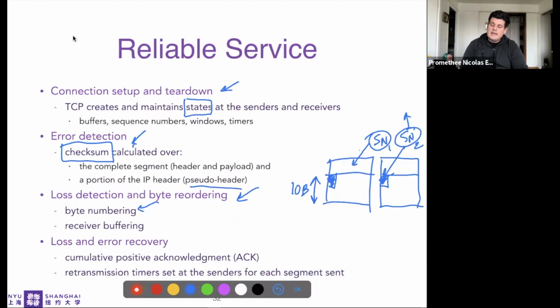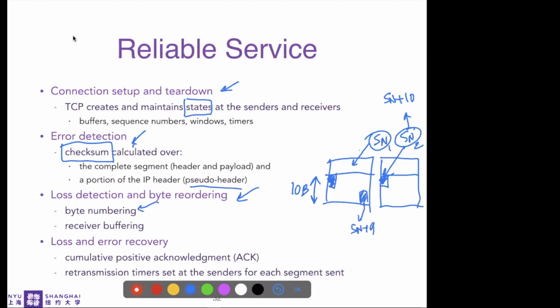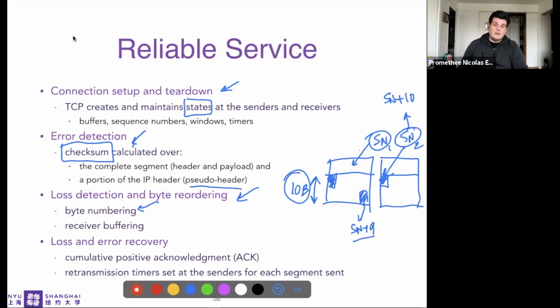It's SN plus 10, because this is number SN, and the last one is SN plus 9, since you have 10 bytes. So be careful with this. When you do plus 10, it is the following byte here. So yes, plus 10, because what you number is the bytes and not the segments.